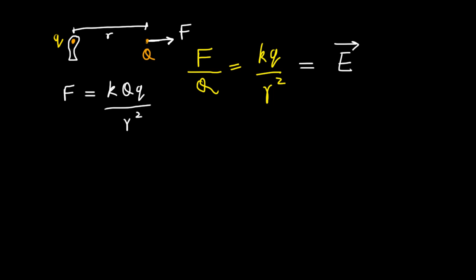Now, how do we visualize this? Imagine that we have a charge here, small q, and we are at a distance small r from the charge q, and this is a circle, even though it doesn't look like it. Then the electric field in that circle, or you can say sphere, looks somewhat like this.